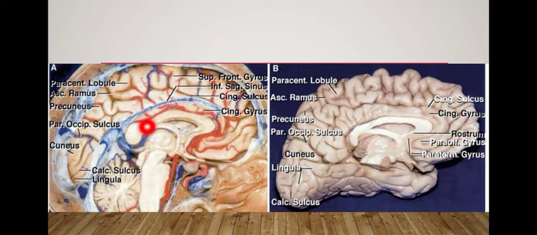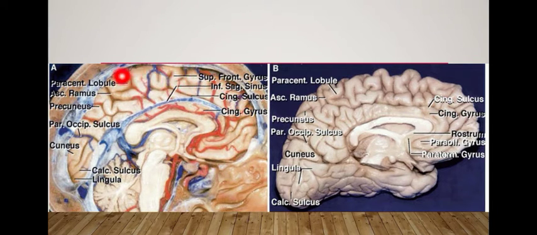Over the corpus callosum, we have got another layer of gyri. This is known as the cingulate gyrus, which lies just over the corpus callosum. And then the third layer is these gyri in continuation. This third layer is actually made up of the superior frontal gyrus anteriorly.